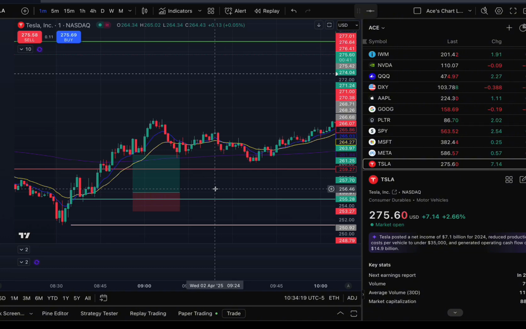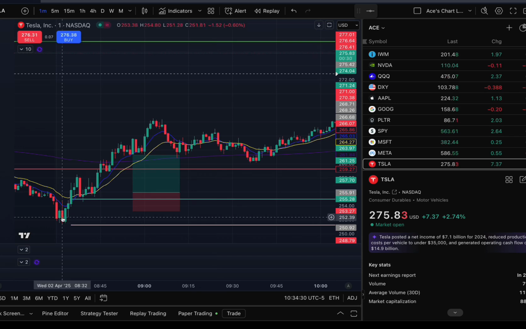I plot or mark out the first 5 minutes of the opening of the market, right? And what I'm looking to plot is the high that the price went to. I'm looking at Tesla in this example.